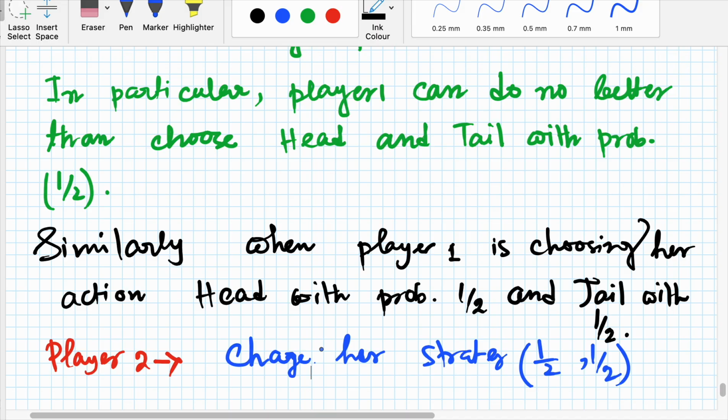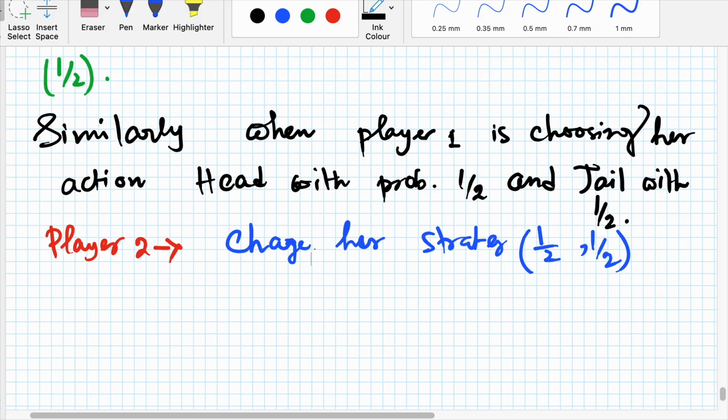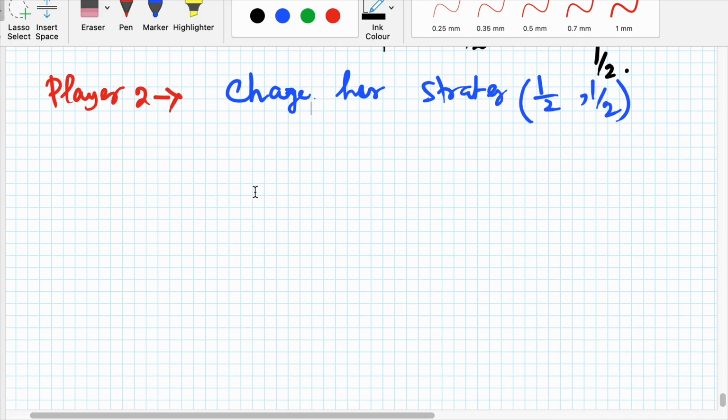Now one can say that if I follow the same logic, then we can say that any action profile is a Nash equilibrium. So let's see that this is not true in general.